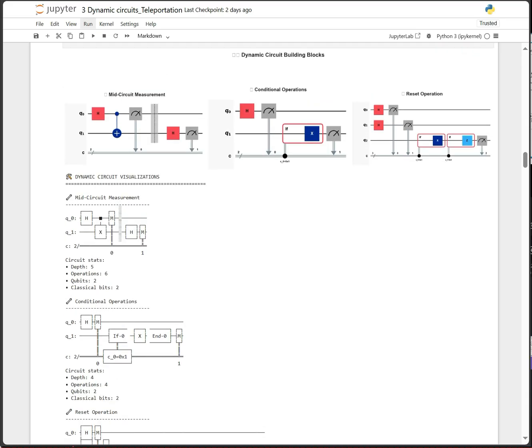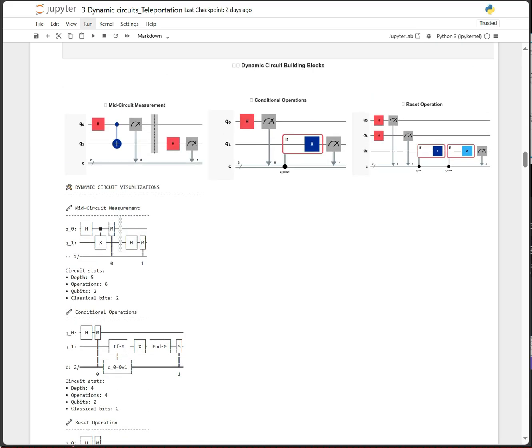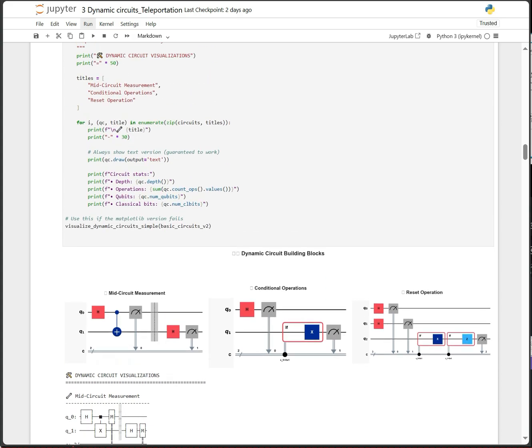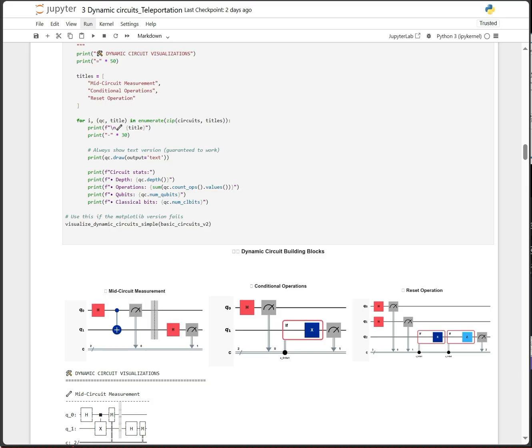Because we already discussed a bit on how to build these dynamic quantum circuits, and the only difference with the ones that we already built is the measurement in the middle.